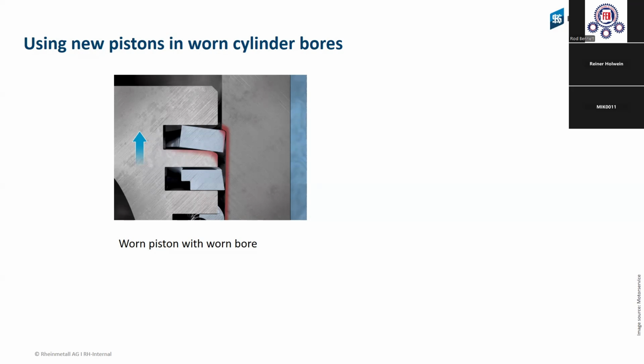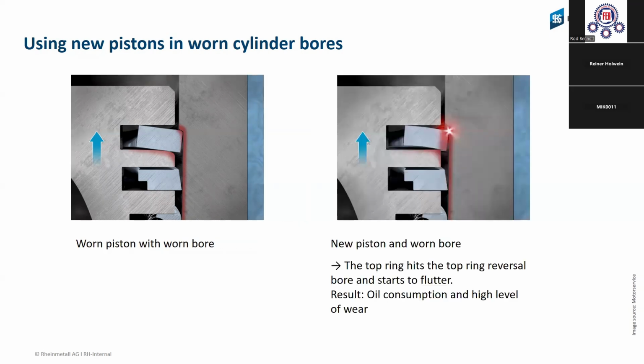The used piston ring, and also this bore, has this problem, this step, I will say, in the cylinder surface. When you change only the piston and the piston rings, we don't have this space between them anymore, and then the new piston ring will have contact on this step on the surface.